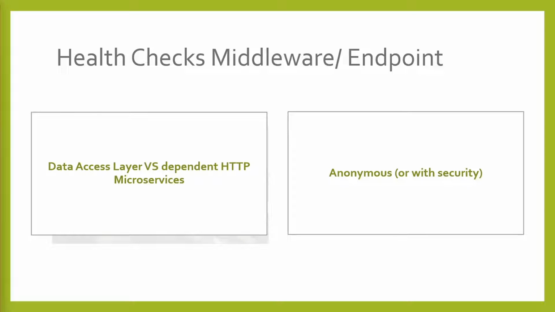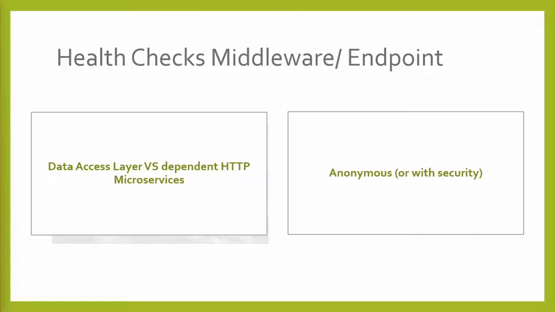The next thing that we want to cover is health checks middleware. With .NET, the health check endpoint can be created with that built-in library through the health check middleware.